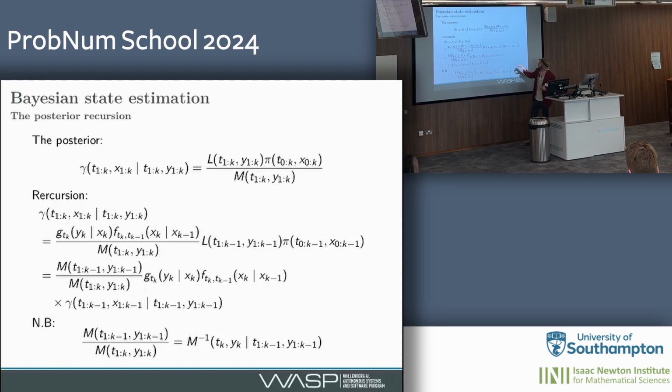We can take away the latest things from the prior and the likelihood. Then we have something that is proportional to the posterior over the path up to k minus 1, times the latest likelihood and latest transition, divided by the marginal likelihood of the data up to k.